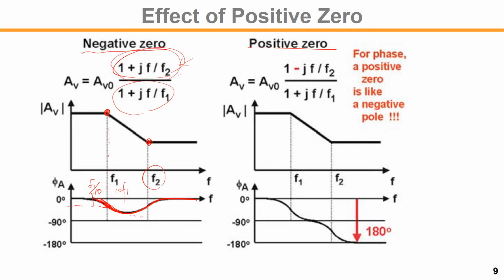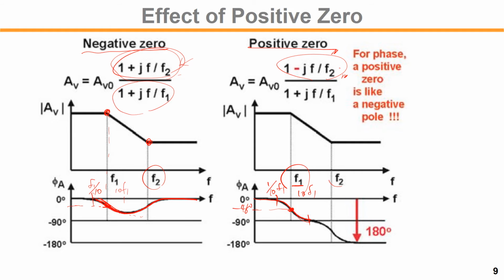But on the other hand, the positive zero results in additional phase shift, right? This is the negative phase. So if you calculate the angle, that is negative. So the first pole, right? This is 1/10 of F1 and then 10 times F1. So in the middle, at F1, we have the minus 45 degree phase shift.